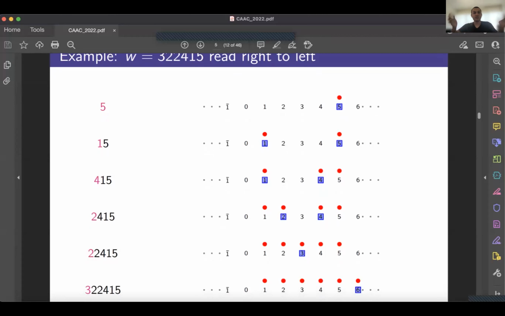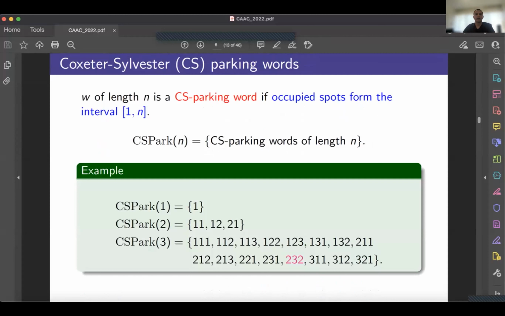So this is the parking procedure that I'm intending to discuss. Now I can define what I call Coxeter-Sylvester parking words. A word is a Coxeter-Sylvester parking word, CS parking word for short, if the cars end up occupying the spots 1 through n.